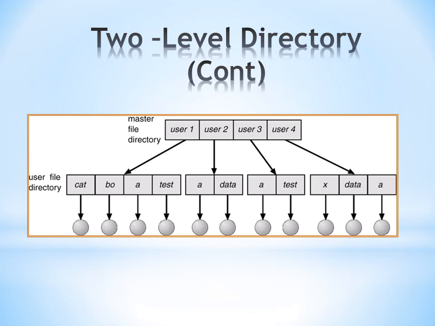This is an example of a two-level directory structure. In this two-level directory structure, you have user 1, user 2, user 3, user 4. Imagine you have user accounts: admin, parents, your sister, your brothers.